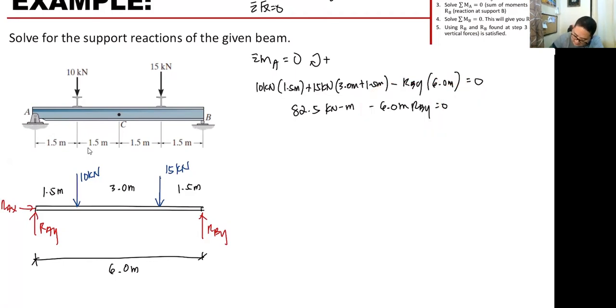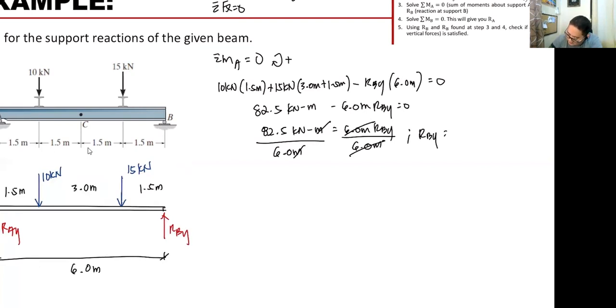So 82.5 kilonewton meter is equals to 6.0 meters RBY. And then to isolate RBY, let's divide both sides by 6.0 meters. Okay? So the meters cancel out. Therefore, our RBY will be, what is its unit? Its unit will be what remains, which is kilonewton. Its value will be 82.5 divided by 6. That is 13.75 kilonewtons. Okay?